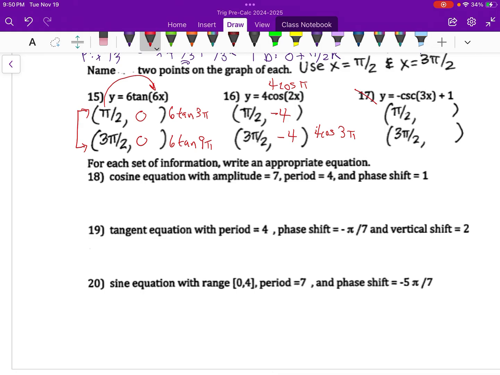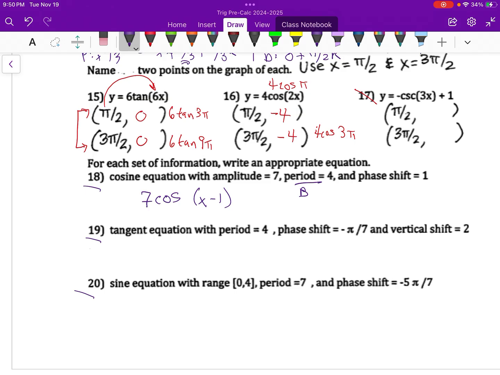For a set of the following information, write the formula. You've seen some questions that are like this before. Really, the key is I'm just asking, can you put the pieces where they need to go? Amplitudes, of course, go in the front. The period is going to help you find B. That's going to be the part there. And the phase shift is going to go on the actual inside. Just make sure it changes to the opposite sign.